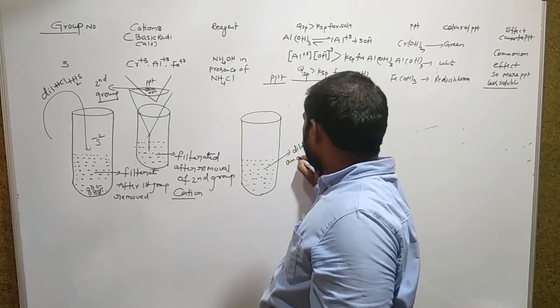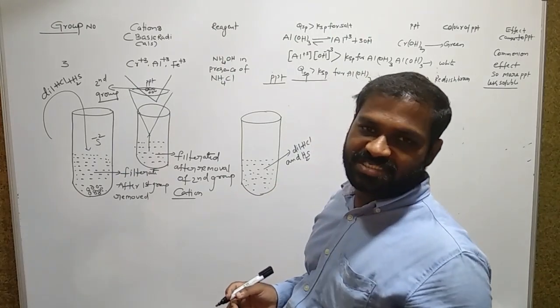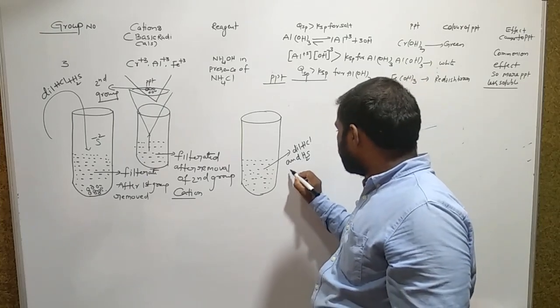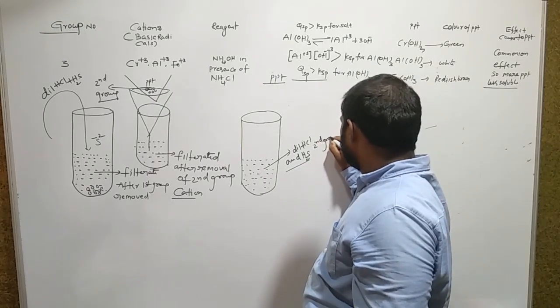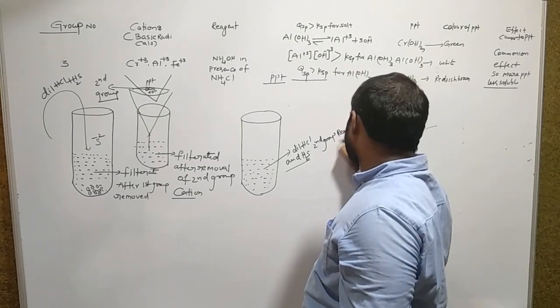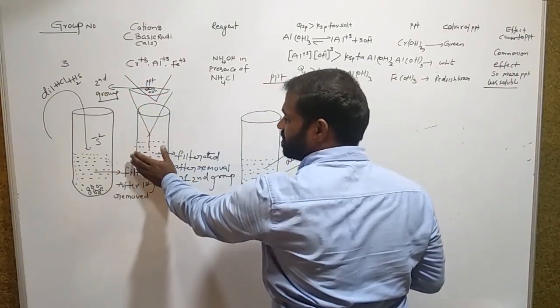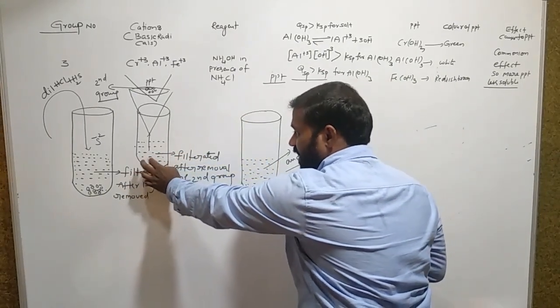Am I right? There may be a chance some quantity of dilute HCl and H2S is in this filtrate after removal of the second group. Okay. Now this is the second group reagent. After filtration, the removal of the second group, there may be a chance the second group reagent is present in this filtrate.